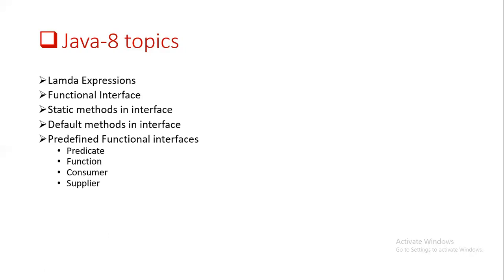And the predefined functional interfaces. Some predefined interfaces are there, and every predefined interface has a purpose, so we can use them based on our requirement: Predicate, Function, Consumer, and Supplier. We use these things rarely.